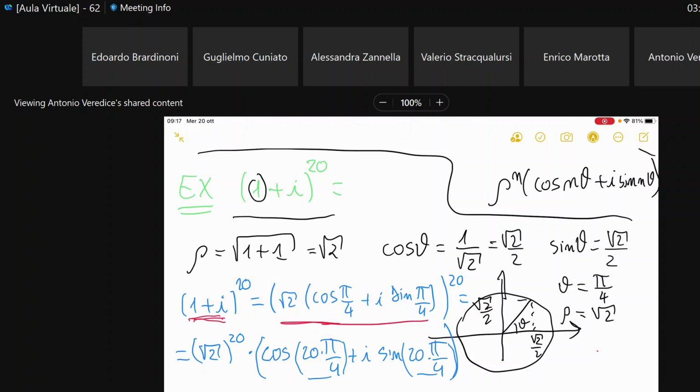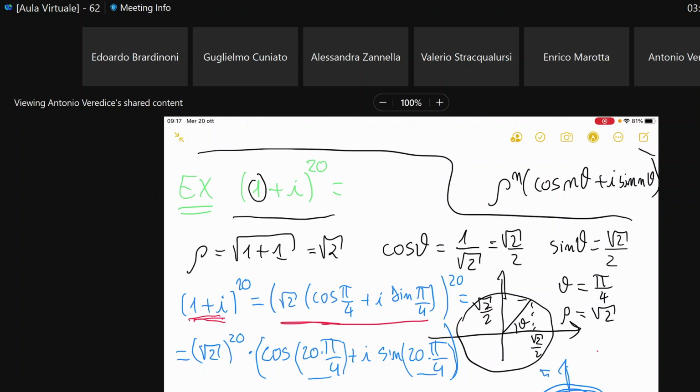Square root of 2 to the 20 is 2 to the 20 over 2, so it's 2 to the power of 10, okay? Times, 20 over 4 is 5, so it is cosine of 5 pi plus I sine of 5 pi. What about 5 pi? It means pi 5 times. 1, 2, 3, 4, 5.